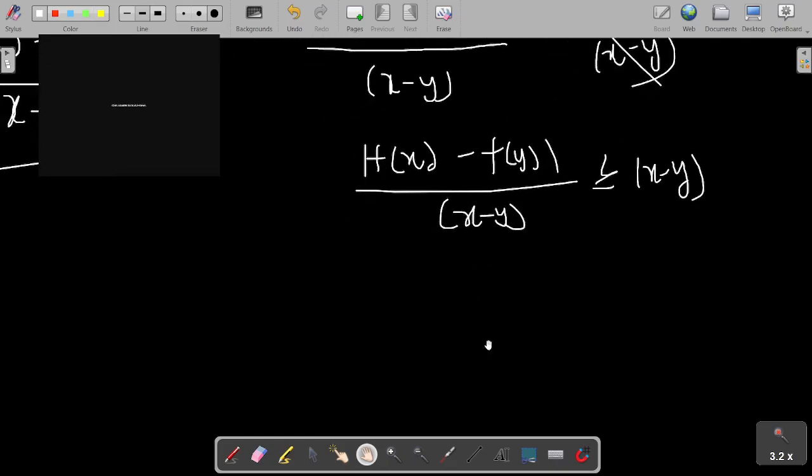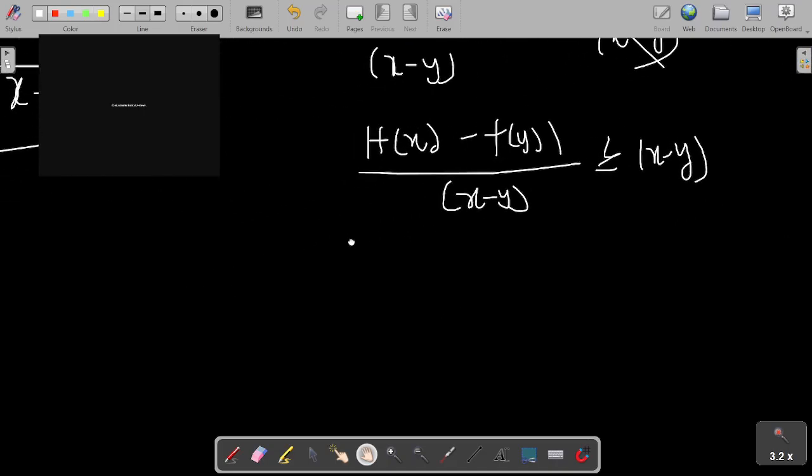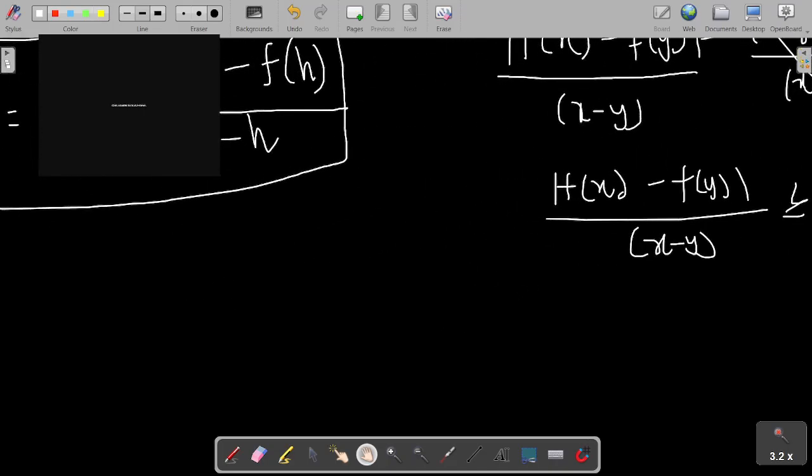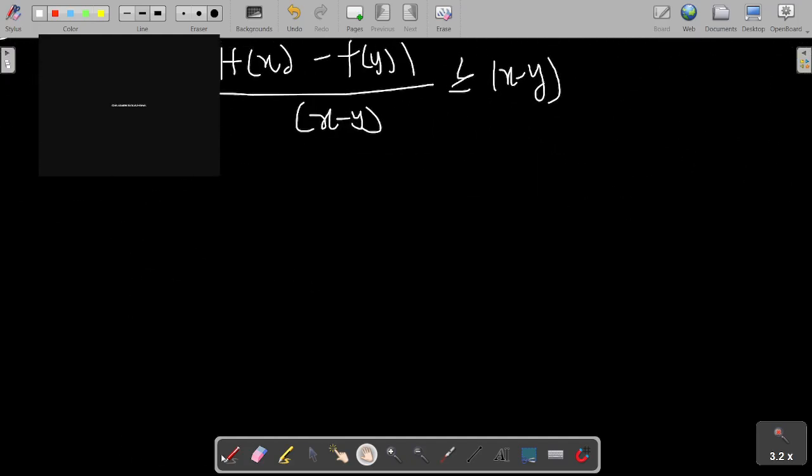So if we see this form again, we have f of x minus f of y and x minus y. So we need to put a limit in which x is tending to y. We can put the limits on both sides.